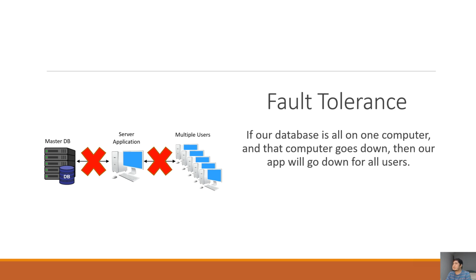The implementation of a single node database is actually not fault tolerant, because remember, the entire database resides on a single computer. So whenever the system that hosts the database fails, the application will also fail for all users. So a single node database is not fault tolerant.